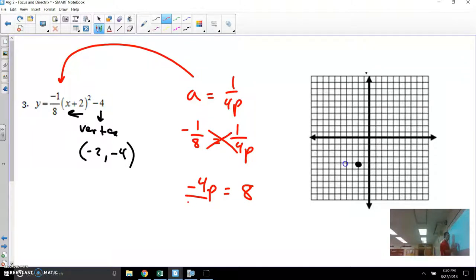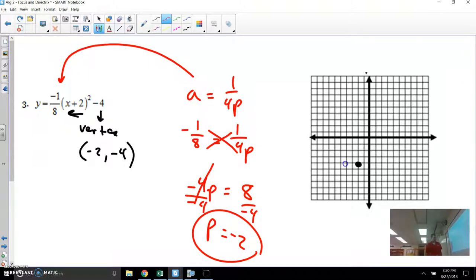And let's divide by -4 to figure out that, again, it is negative. So we're going to go down 2 for our new focus point. And that point is -2, -6. Our focus point is -2, -6.